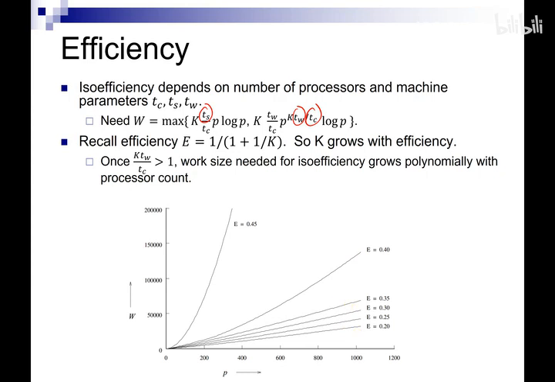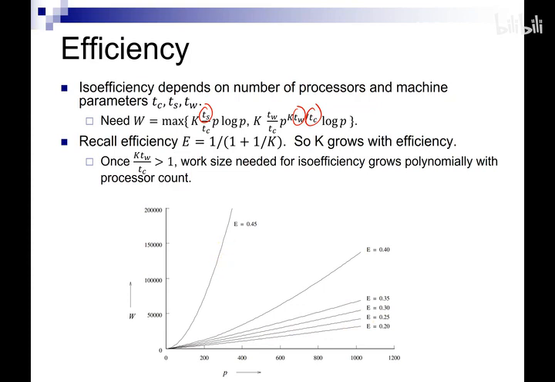So the upshot of the plot is that as you want higher and higher efficiency, your problem size has to grow with the processor count, and it has to grow very quickly. If you just want to shoot for low efficiency, your work has to grow with the processor count, but not very quickly. But for much higher efficiency, the work grows much more quickly with the processor count.